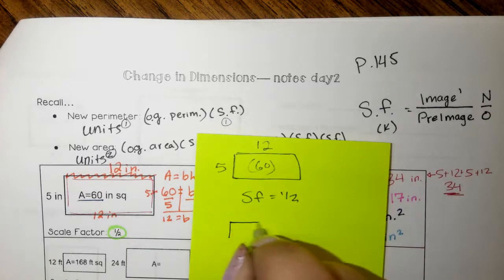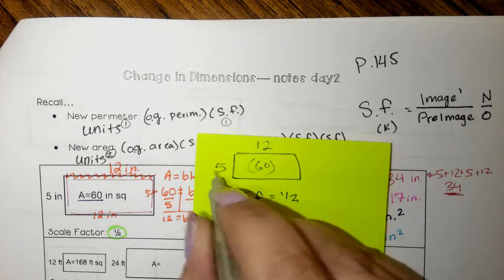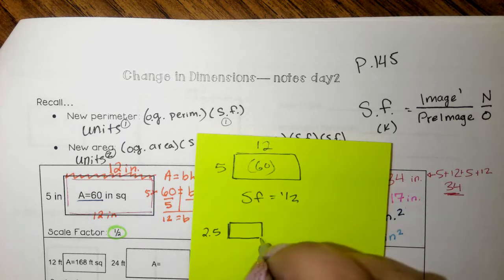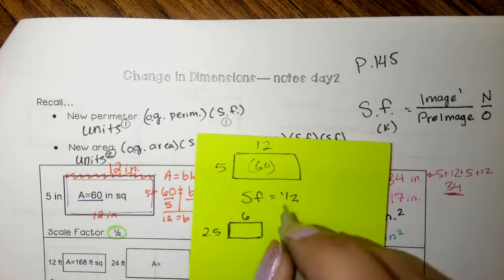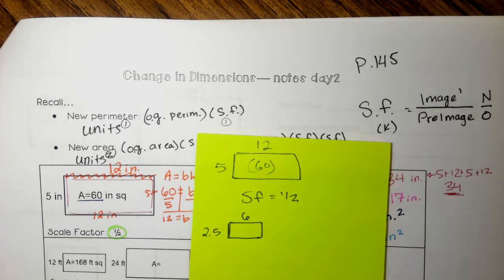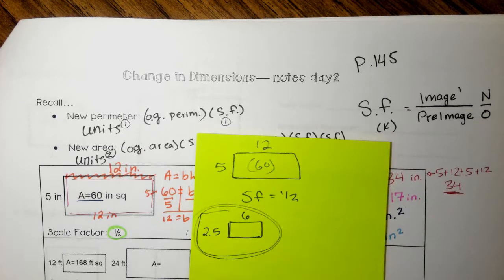So we would have had a smaller rectangle. The height of this would be 2.5, since 1/2 of 5 is 2.5. And then 1/2 of the top base is 6, since 1/2 of 12 is 6. So this would have been the new rectangle that we're dealing with.